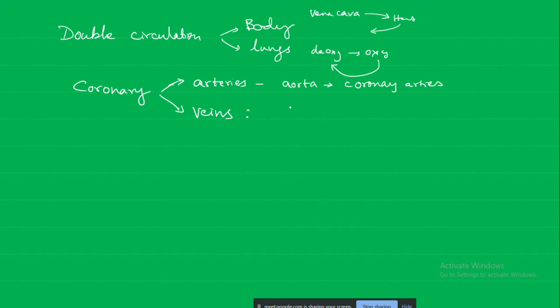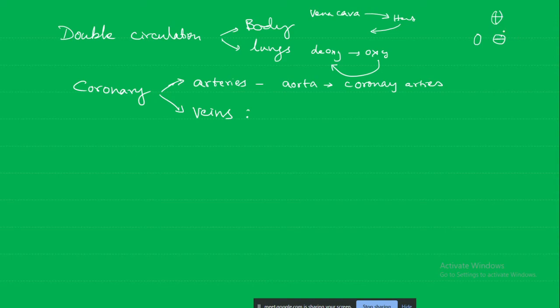Maybe in your higher classes you will see a comparison. You know that the heart need not always be four-chambered. It can be single-chambered or two-chambered also. There are different advantages and disadvantages.